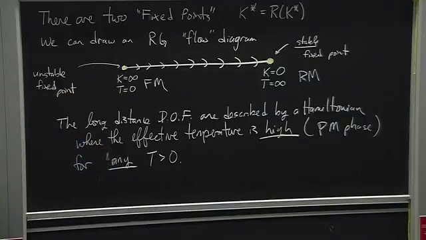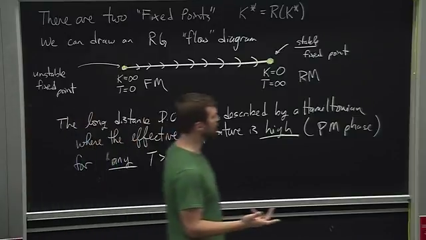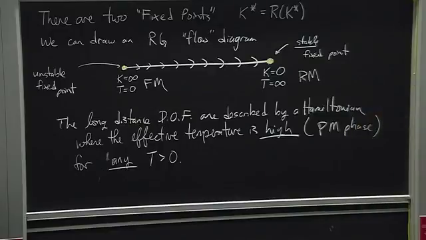So the difference between this and what you saw in that movie was this is a one-dimensional model. And so in one dimension, you get this type of flow. So what about higher dimensions? How can we understand that RG flow that we saw in those movies?